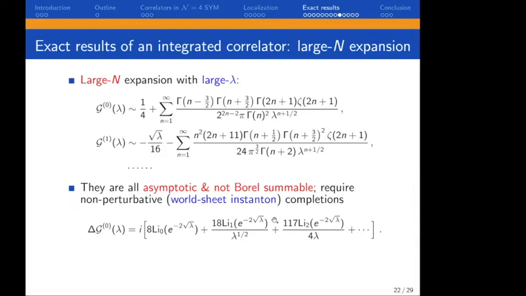If we translate it into string language, square root of lambda, which is like square root of N, is basically 1 over alpha prime. I think in the language of string theory, they are the virtual instantons in AdS5 cross S5.